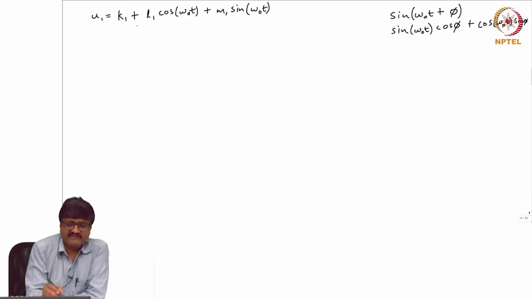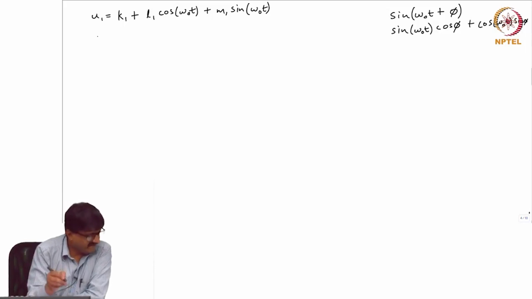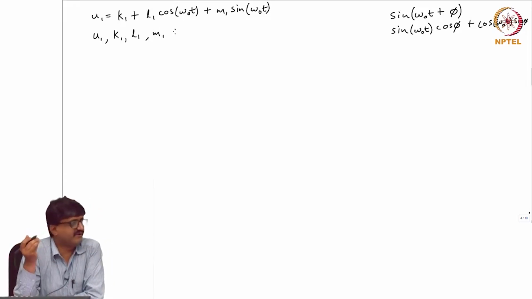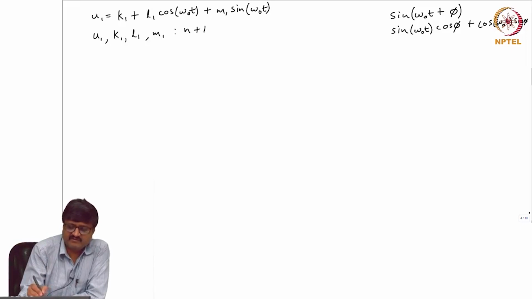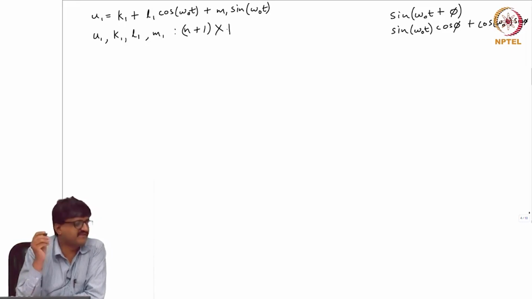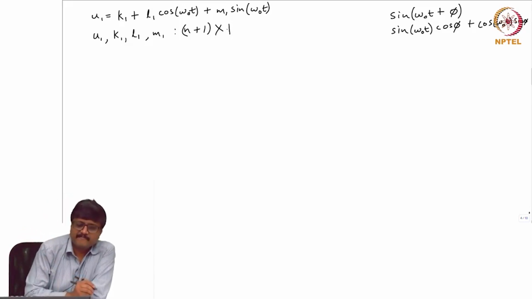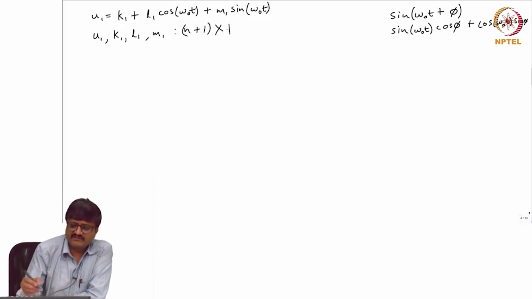So, if I take either u1 or K1 or L1 or M1, what is the size of these? It is the same as x1, which is nothing but n plus 1 cross 1. The size of x1 is n plus 1. We used the notation n for the size of x2. So, is this clear? K1, L1, M1 are constants. They are constant column vectors.